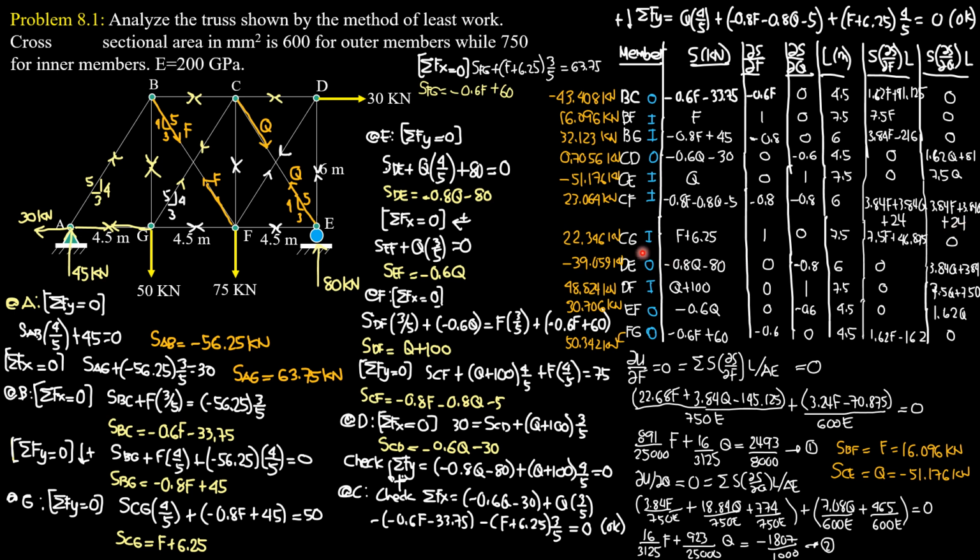CG is F plus 6.25. Partial of S with respect to F is 1, with respect to Q is 0, length 7.5. So S, partial of S with respect to F times length is equal to 7.5F plus 46.875, while S, partial of S with respect to Q times length is 0.